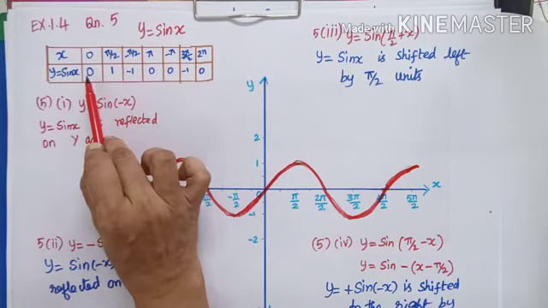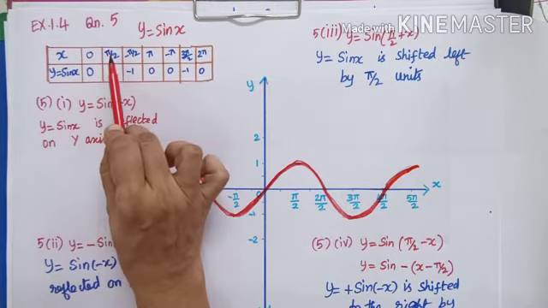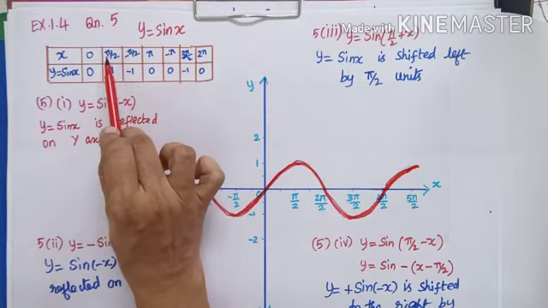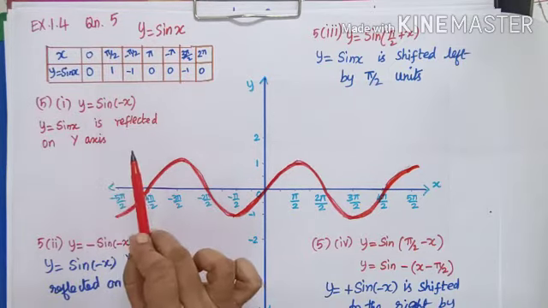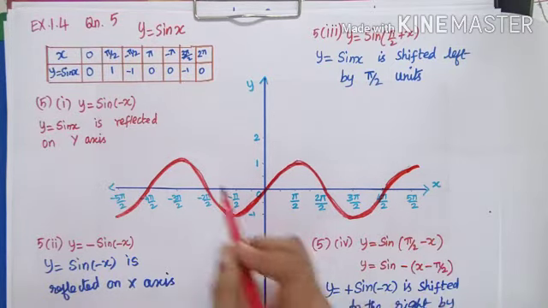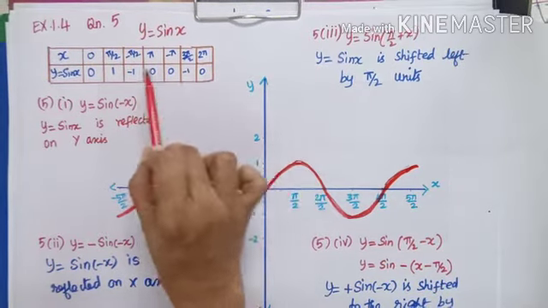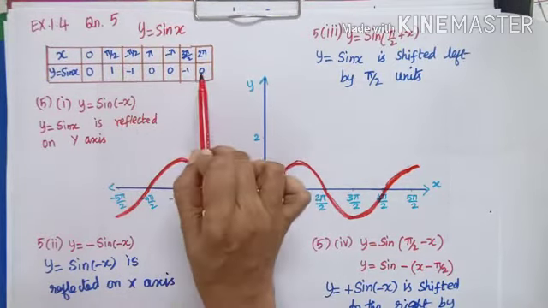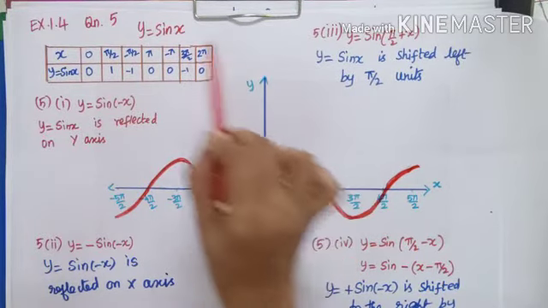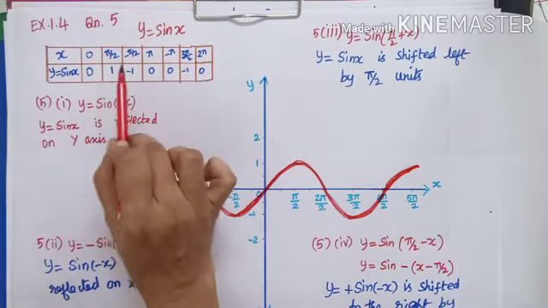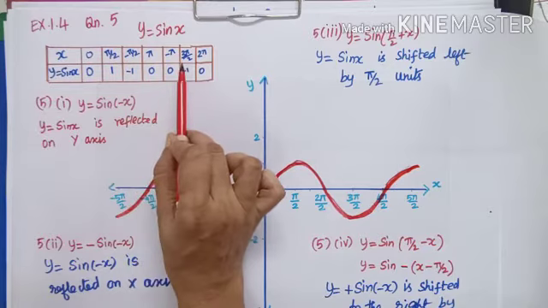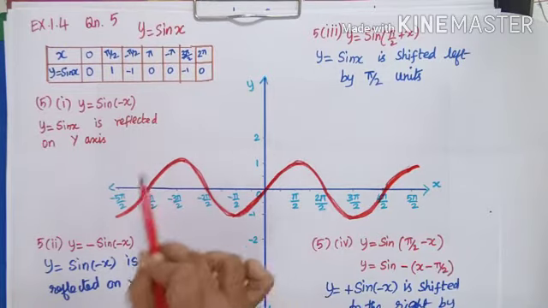This we have studied in standard 10. Sine 90 is 1. Instead of 90, here we will mark pi by 2. 180 I call pi. So pi, 2 pi, 3 pi, all these values, any multiple of pi is 0 in sin x. Minus pi by 2, minus 3 pi by 2, like this it goes.